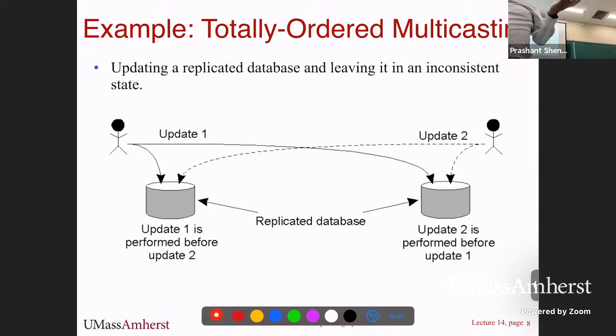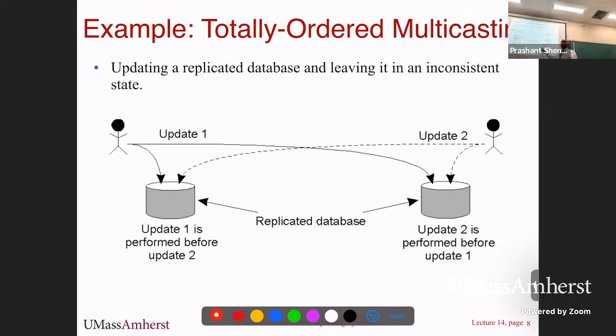That doesn't work because if you ran out of, let's say, a product, and you are buying the last one, on one replica you will assign it to the first customer, on another replica to the second, and you will have inconsistency. So in this case, you want to order them in the same way, regardless of how they are received. So you have to start reasoning about all these things.